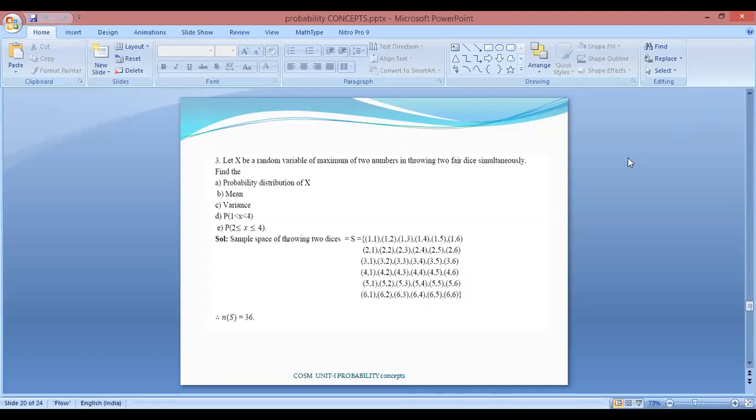So next problem. Let x be a random variable of the maximum of two numbers in throwing two fair dice simultaneously. Find the probability distribution, its mean, variance, probability of 1 less than x less than 4, and probability of 2 less than or equal to x less than or equal to 4.